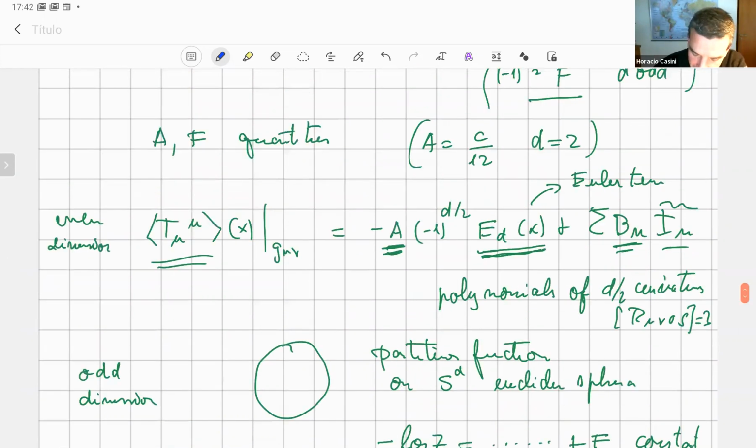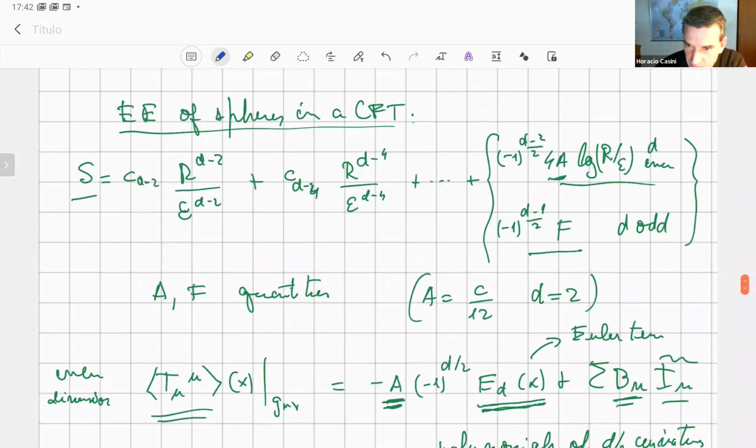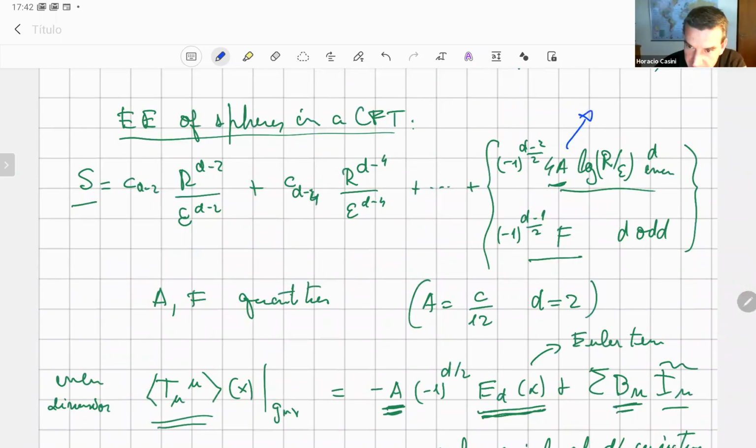This A here in the entropy itself multiplies a non-local piece and also a local piece, right? So it has the two things together. So it means that this A somehow can be obtained also from something quite local, like an anomaly.